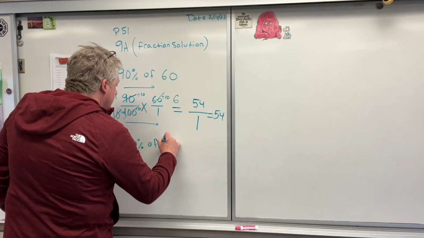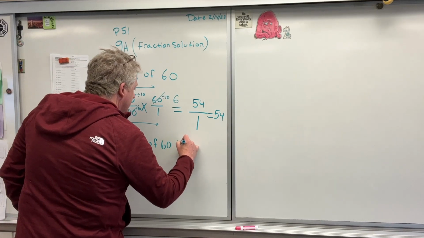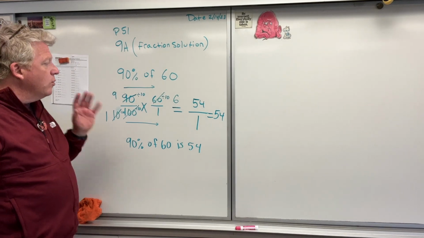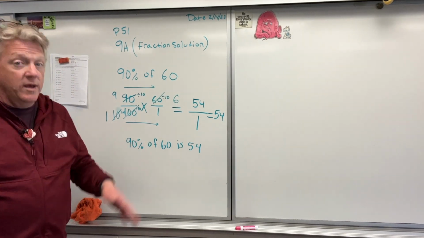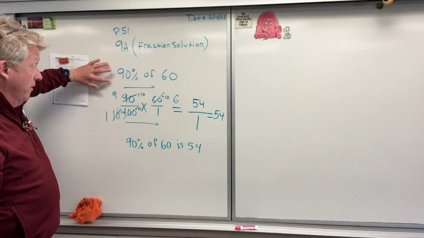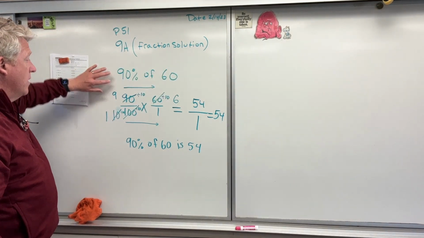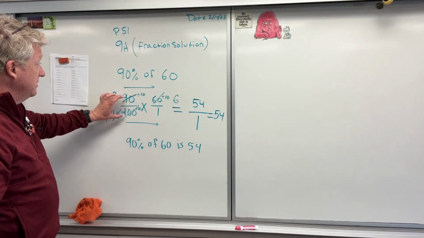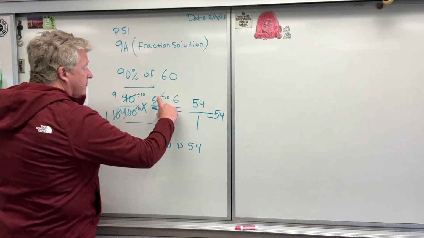of 60 is 54. So on your work, on the quiz, I'm going to give you a problem that's like this. I want to see you translate this 90% into a fraction, this 60 into a fraction.